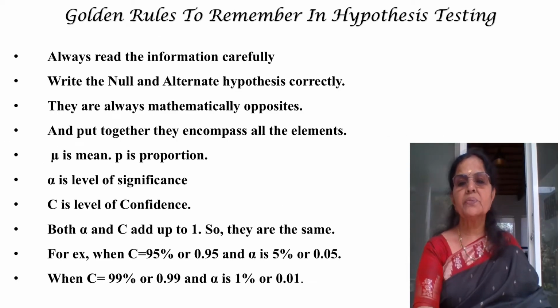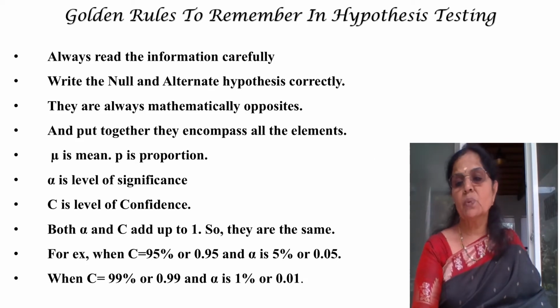Here is a set of rules which I would call golden rules, and they have to be remembered always while doing any research or while solving any problems in hypothesis testing. What are they? It goes like this. Always read the given information carefully. And the first thing is you should write the null and alternate hypothesis correctly.